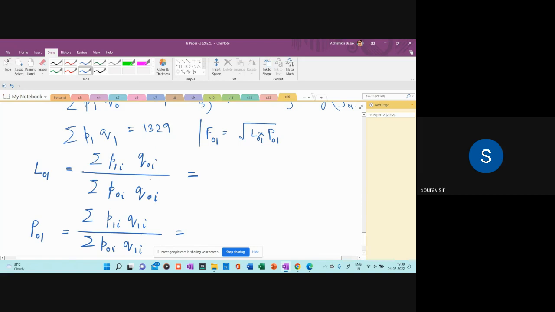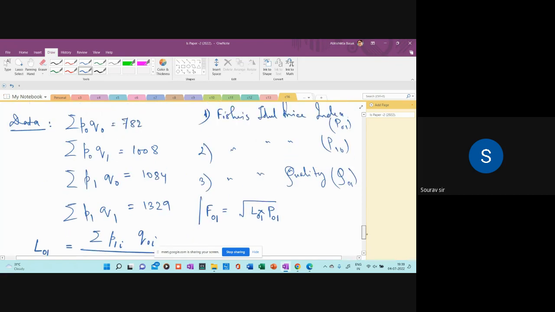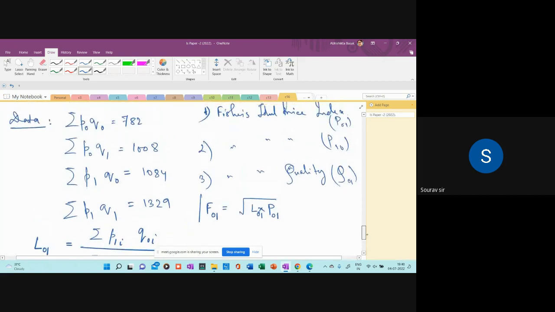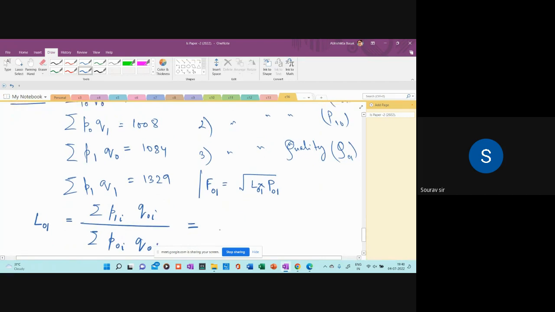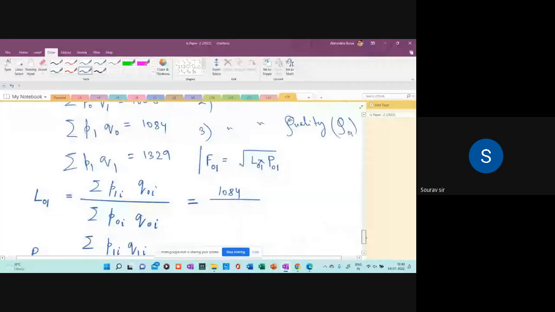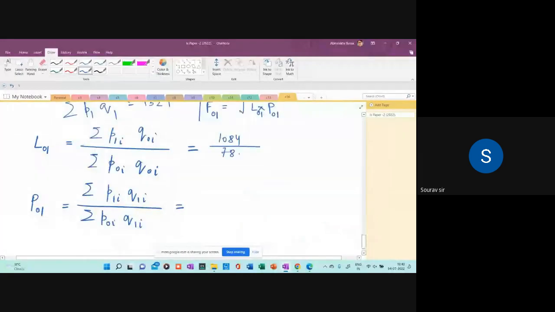So I can get the value of L naught 1 from this particular number, that is P1 Q naught. We can ignore the I because they are doing a summation over I, and the total of the values is given to me. So what is P1 Q naught? P1 Q naught is 1084. What is the value of P naught Q naught? The P naught Q naught value is given as 782. So this is my first value. What is the value of P naught 1?